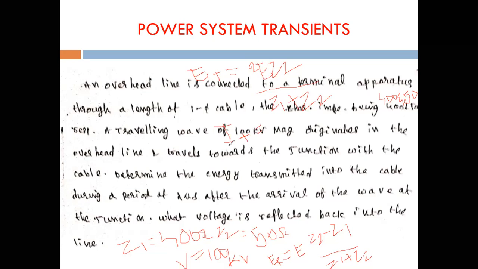What is IT? According to Ohm's law, I is equal to V by R. Therefore IT is equal to ET by ZT, where ET is equal to 2E Z2 by (Z1 plus Z2), and ZT means Z2, which is 50 ohms.